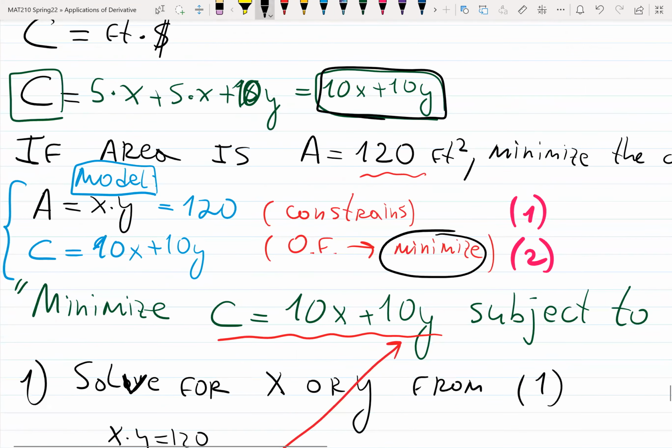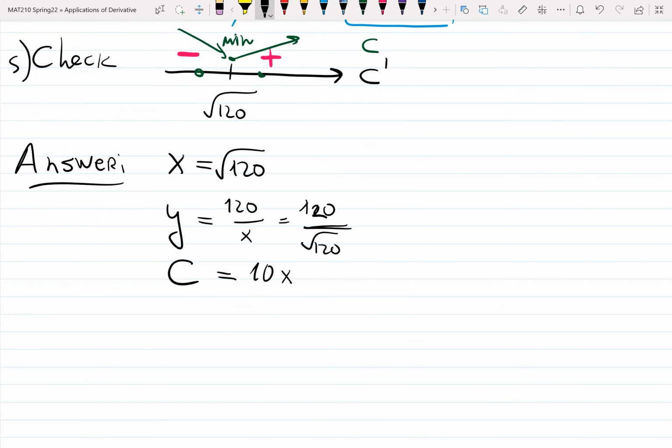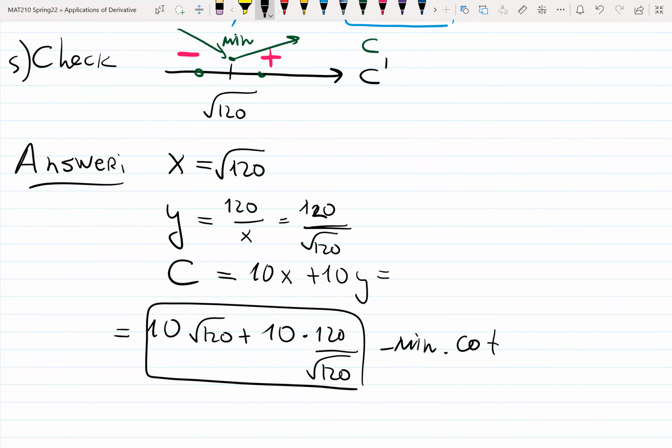But 10x plus 10y will give you the minimum cost: 10 square root of 120 plus 10 times 120 over square root of 120, whatever it is. That is your minimum cost function. Minimum cost is in dollars, while the other ones are in feet. So those are the dimensions of the area of the fence.